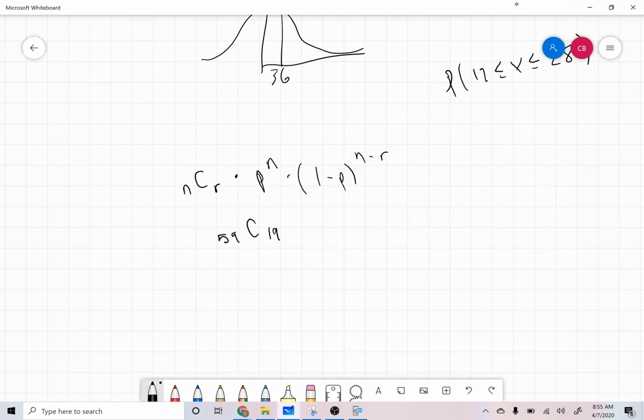So p is 0.5, so we want 0.5 to the 19 times 1 minus 0.5, which is 0.5 again, to the 59 minus 19. Okay, so that's 40.